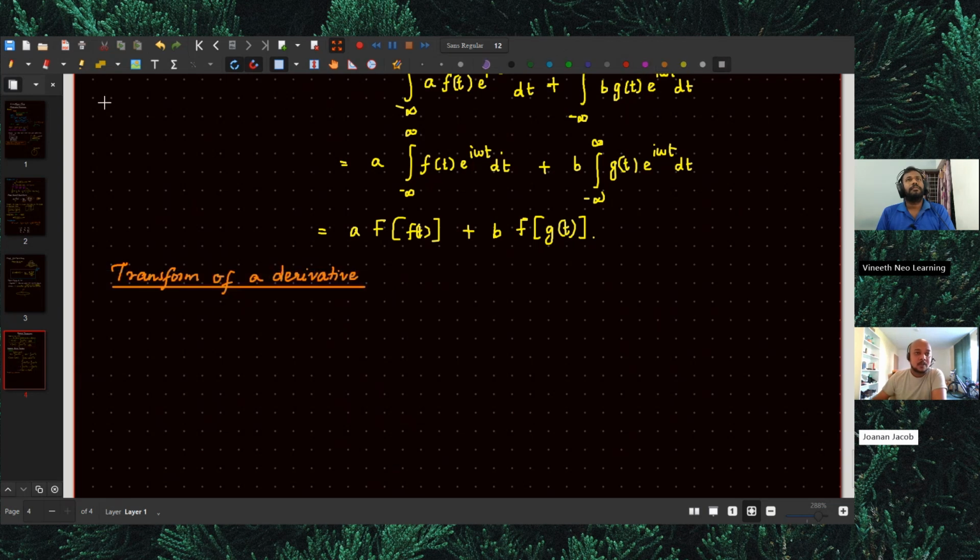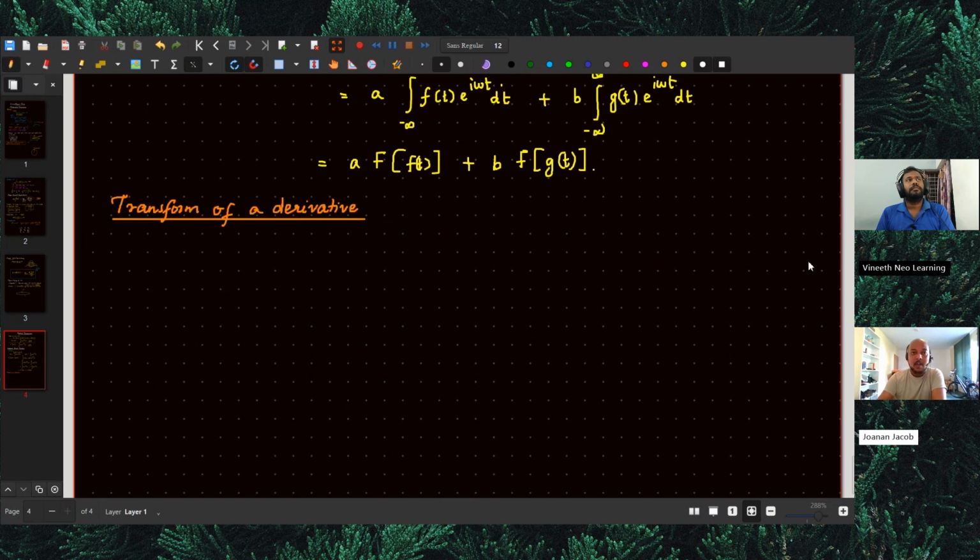So we know how to Fourier transform a function, isn't it? Now suppose f of t is a function, and d by dt of f of t is continuous.